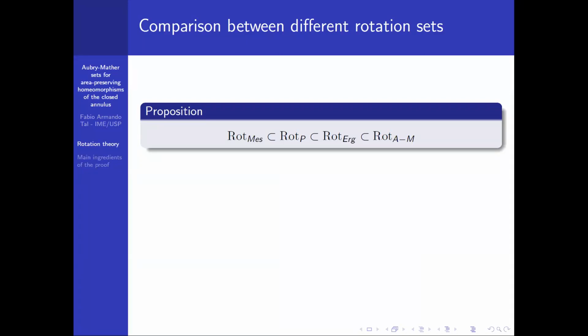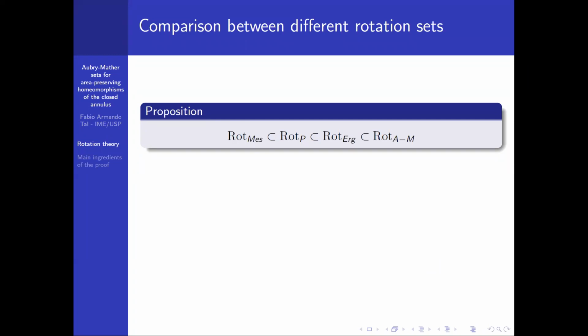If you have an ergodic measure that has a rotation number, a typical point is going to have the same rotation number, so realizing a rotation number by an ergodic measure is more difficult than realizing it by a point. And if you have a compact set that has a rotation number, then you always have an ergodic measure supported on this compact invariant set, which means that the Aubry-Mather rotation set is going to be contained in the ergodic rotation set.